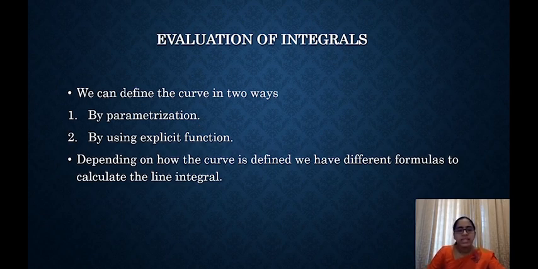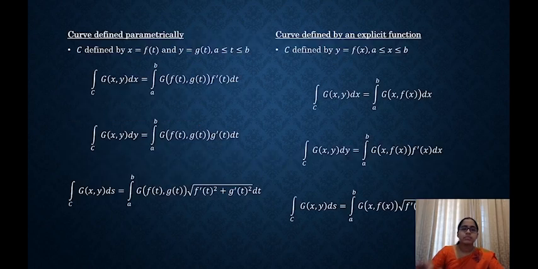So let us see how we can do it. First, if the curve given to us is defined parametrically, if c is defined by x is equal to f of t and y is equal to g of t, where a is less than or equal to t less than or equal to b, then what will be the integral over c of g(x,y) dx? We will replace the values of x and y by f of t and g of t.